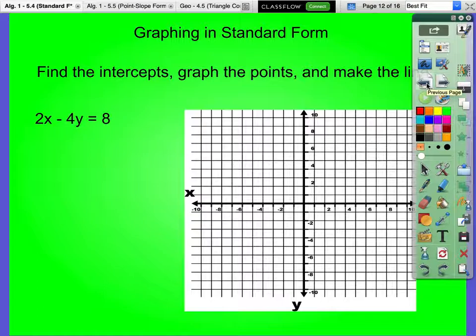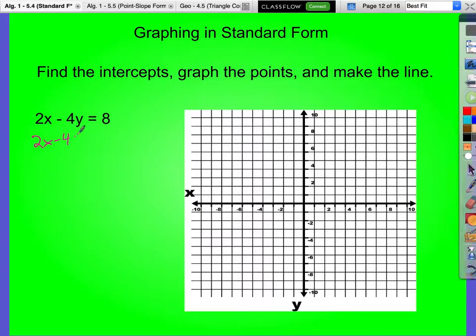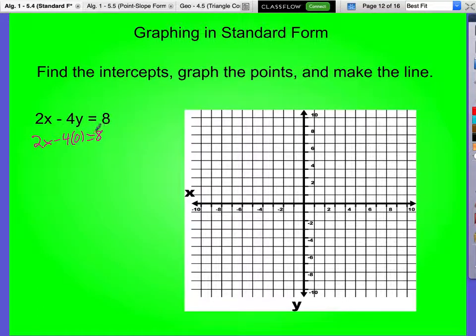Okay, class, listen up. How would we find the x-intercept here? You plug in 0 for y, so 2x minus 4 times 0 is equal to 8. So 2x is equal to 8, and the x-intercept is 4. How would we graph this? 4 on the x-axis, so at (4, 0), right? Okay, how do we find the y-intercept?